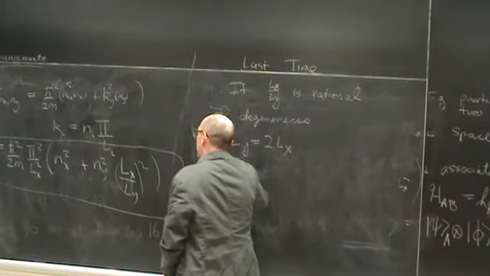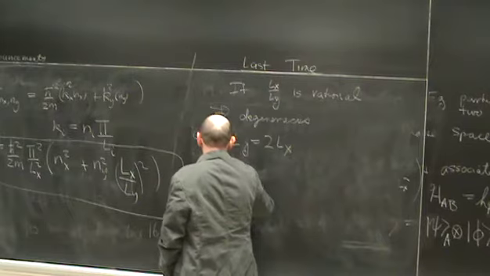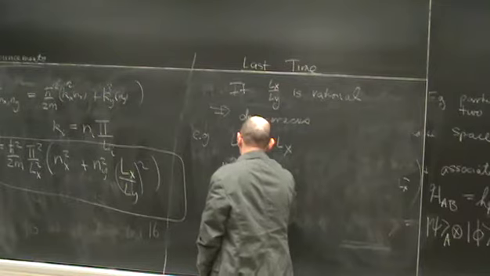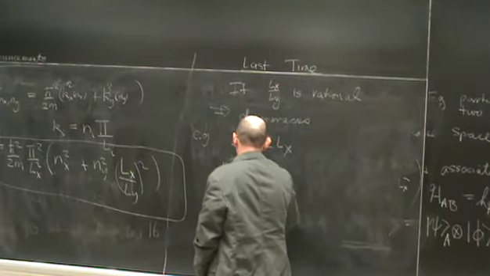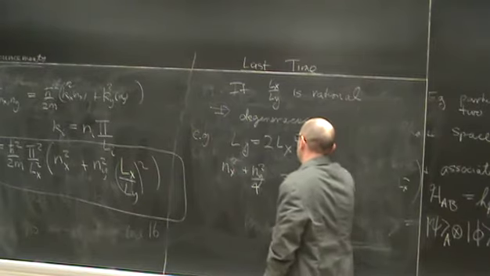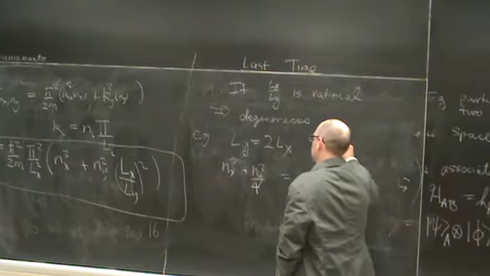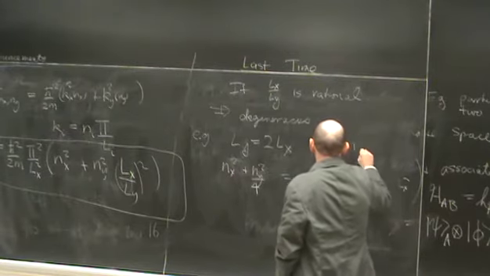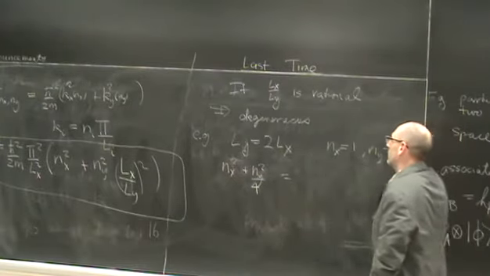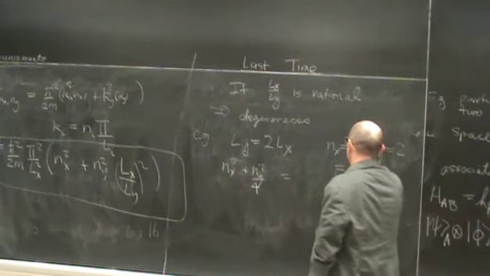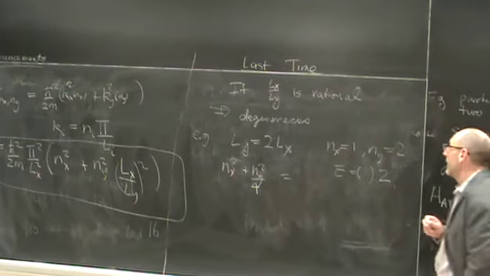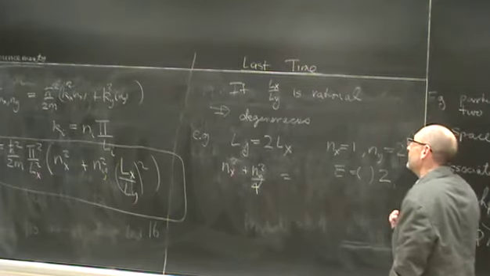Then the eigenvalue squares here are proportional to a constant times this divided by 4, right? So if n_x equals 1 and n_y equals 2, then the energy in this case is this constant times 2. Right? Now, is there another case where that's true?